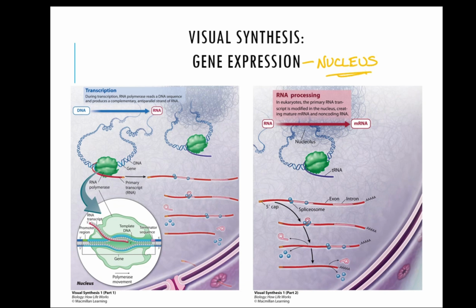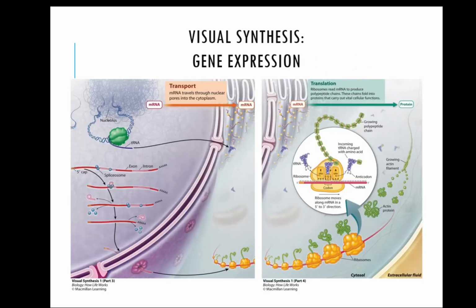And then it also has transport out of the nucleus and translation in the cytoplasm. I'm a visual learner. I learn a little better like that. I like to look at pictures, and this is a very nice tool. I think you should take it. It's not for this exam, but for the next exam, I think it will be helpful. Okay.